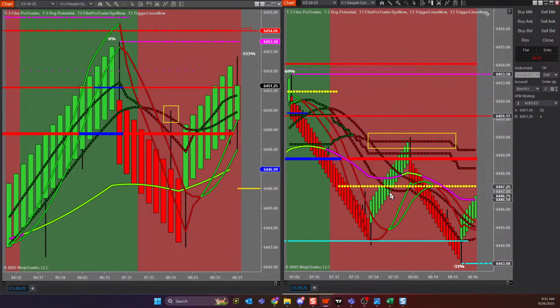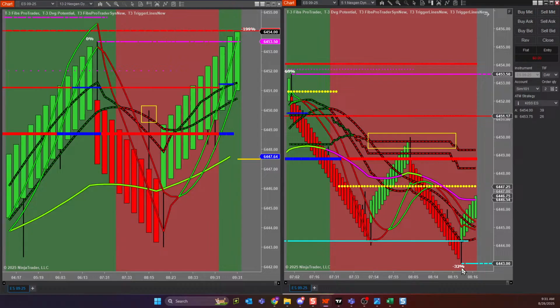There is a pullback that goes right to the very top of the retracement zone. And it actually doesn't bounce right off the areas. But if you entered at the area inside of the triggers, your stop kept you safe, and the market did continue down with enough room to produce profits.